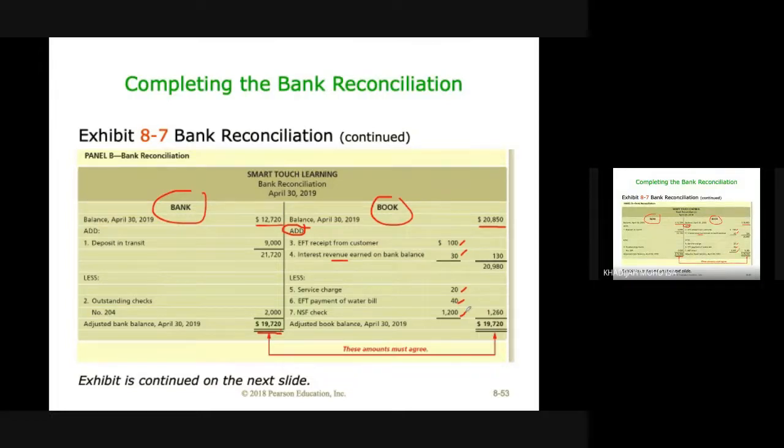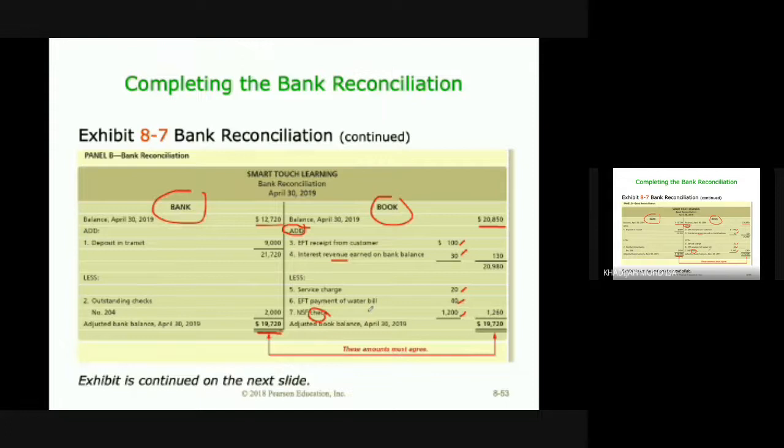Yes, so the bank has not deducted any amount, right? But you have to amend your cash book, because initially when you received the check from your customer, you already debited your cash. But when you bring the check to the bank, it turns out that the check is an NSF check.